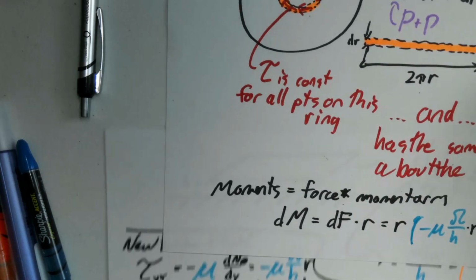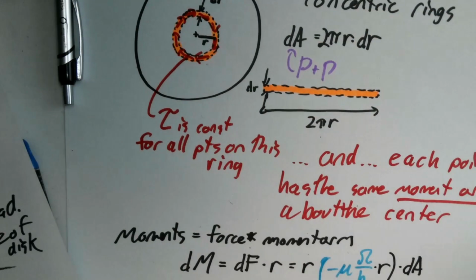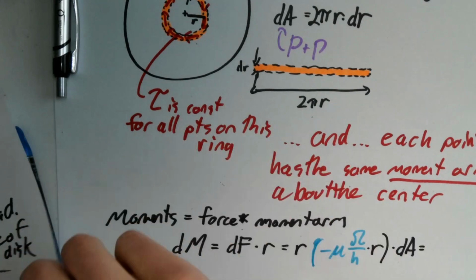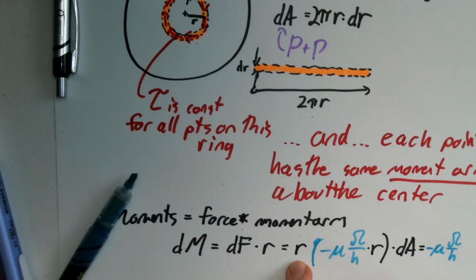Times dA. But wait a second, we also have an expression for dA that we can sub in. So what does this mean? This means my dm is minus mu omega over h. I have one r here, one r here, so this is r squared.